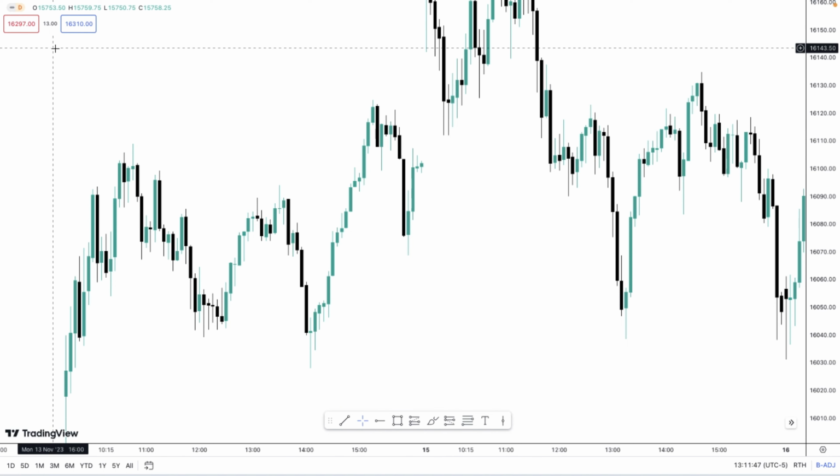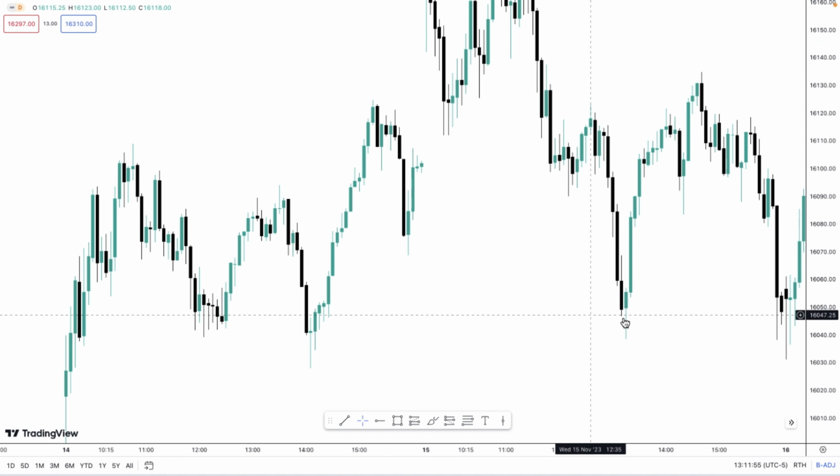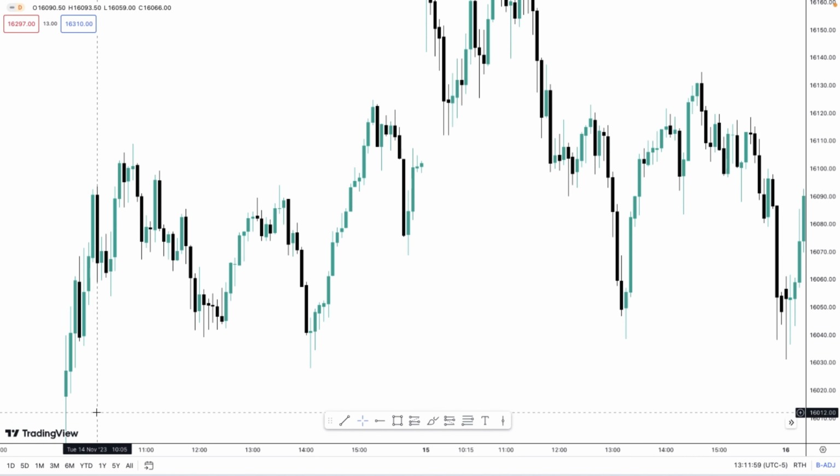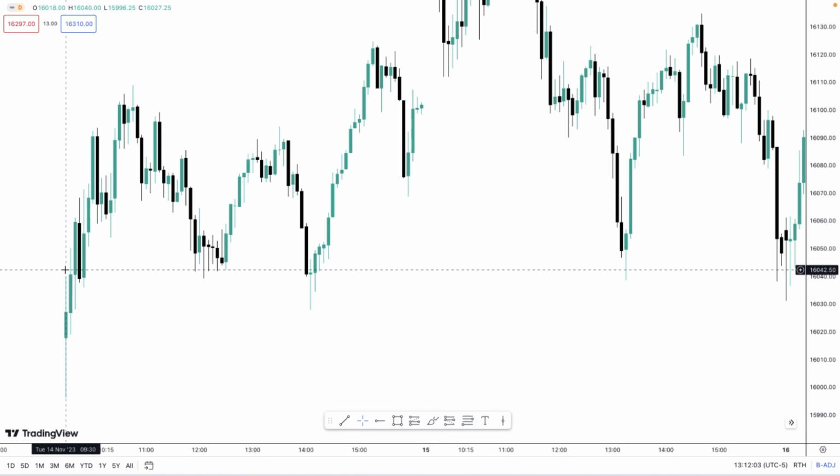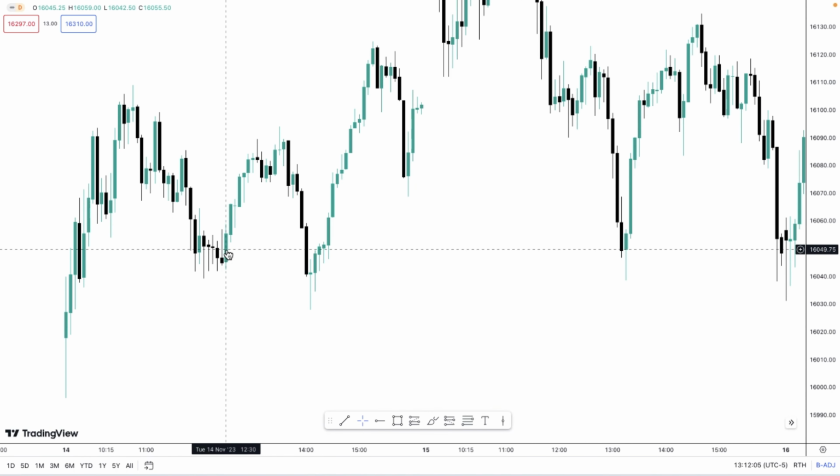Okay, so we have here a nice clean chart. Obviously we're on regular trading hours, so we can see, so far it's just price action, right?